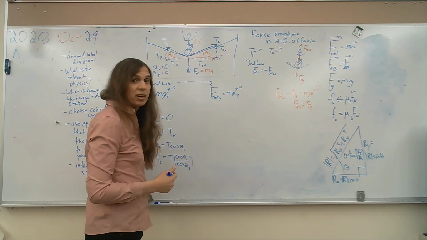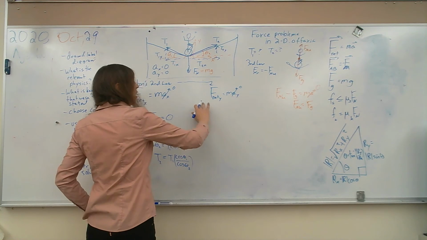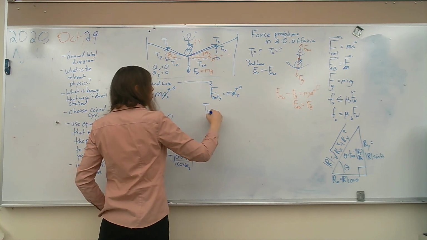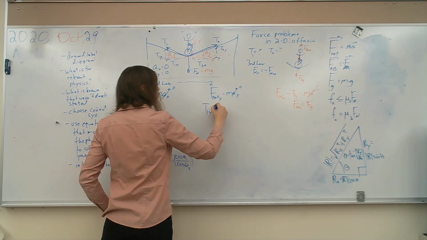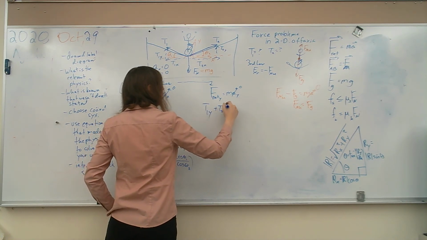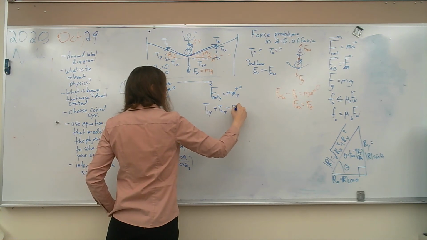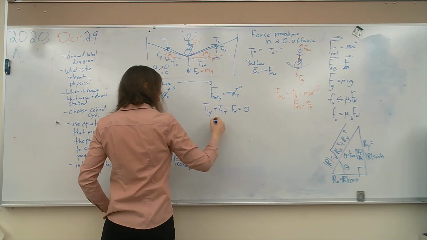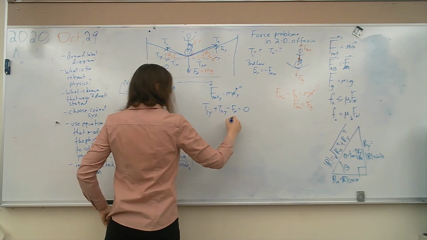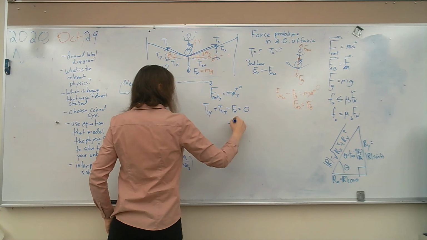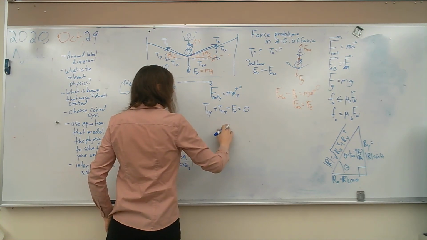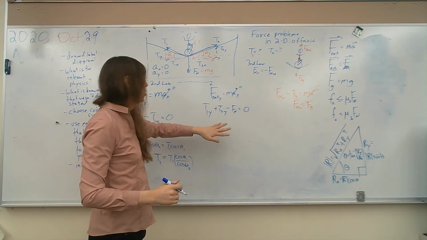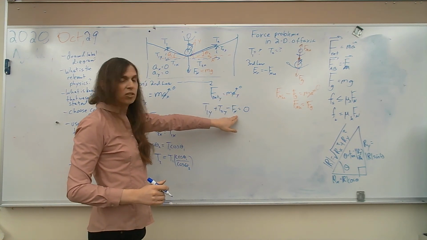So let's see how this plays out. In the vertical direction, we have both components of tension are vertical, are upward, and that normal force is downward. And I know that my tensions, which I'm looking for, don't have any part in the normal force directly.